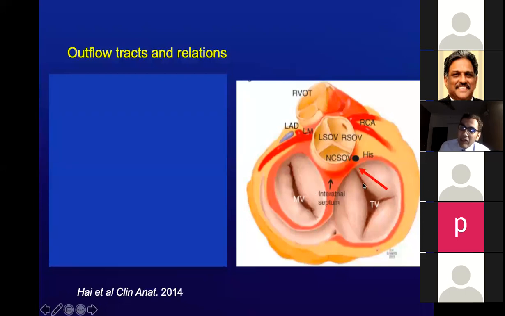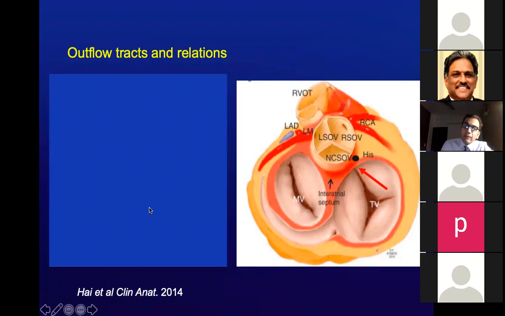Imagine instead of going in that fossa ovalis, if you went anteriorly, you would essentially enter the aorta. This is the diagram that actually shows that it is possible to go from the right atrium to the left atrium safely, but if you go anteriorly, you will end up into the aorta, which is essentially a catastrophic finding.